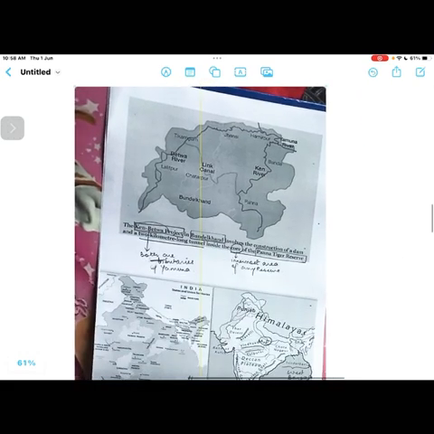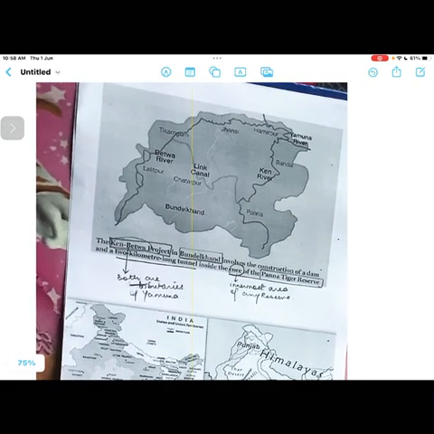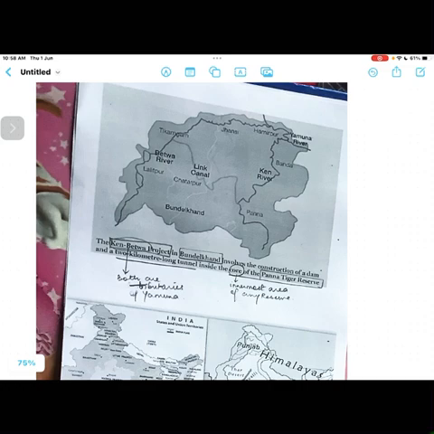And then we will just have a look here. This is your Bundelkhand region, basically Madhya Pradesh. So the Ken Betwa project, Ken and Betwa both are tributaries of the Yamuna. This is basically the location of the Bundelkhand region. It involves the construction of a dam and a 2 kilometer long tunnel inside the core of Panna Tiger Reserve. You must be knowing that Panna Tiger Reserve is present there. The core is a region, like there are different layers, or regions divided for national parks and tiger reserves.